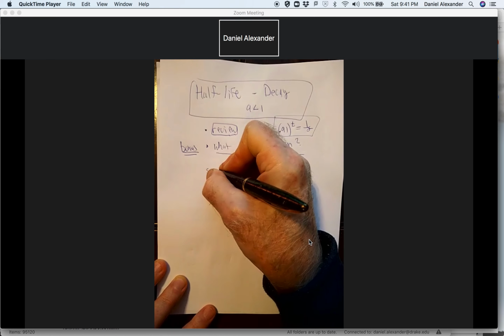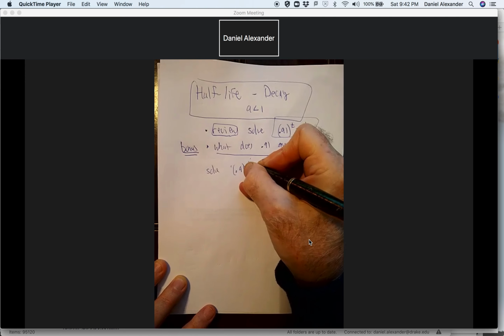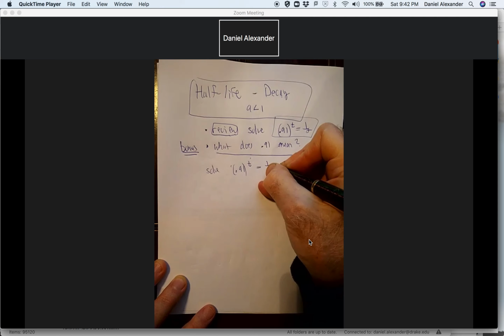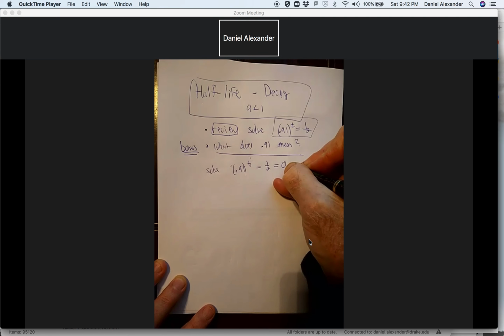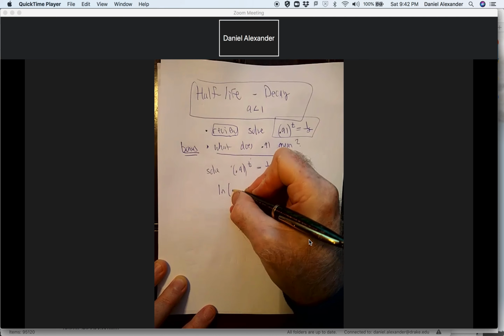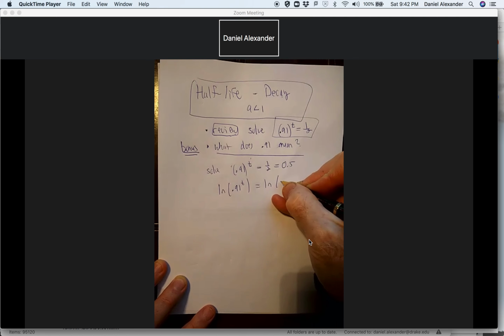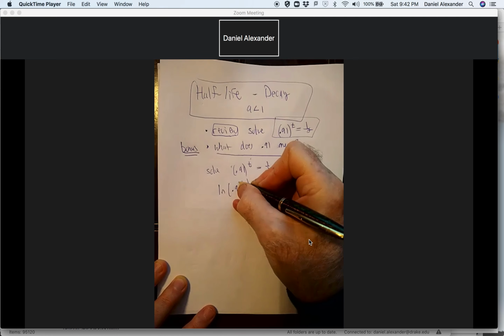So we want to solve 0.91 to the t equals 1/2, or 0.5. Okay, so I take logs of both sides. Bring the t down.